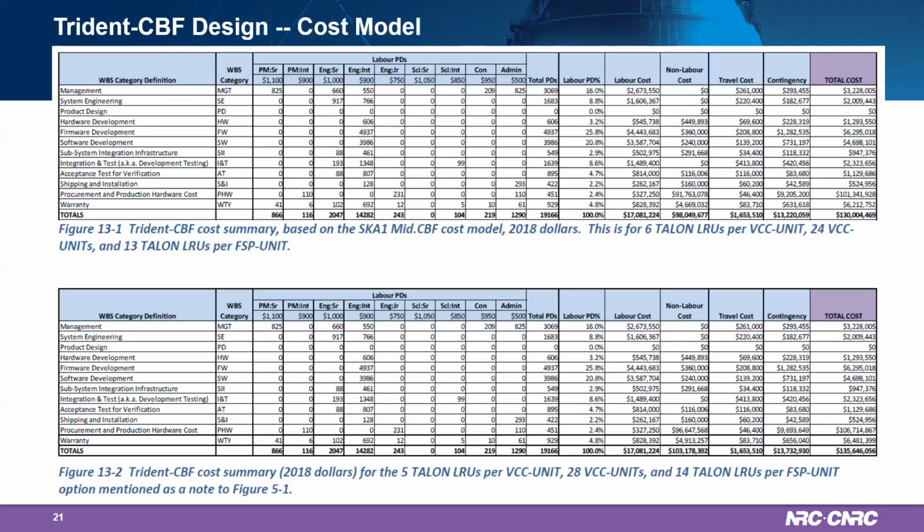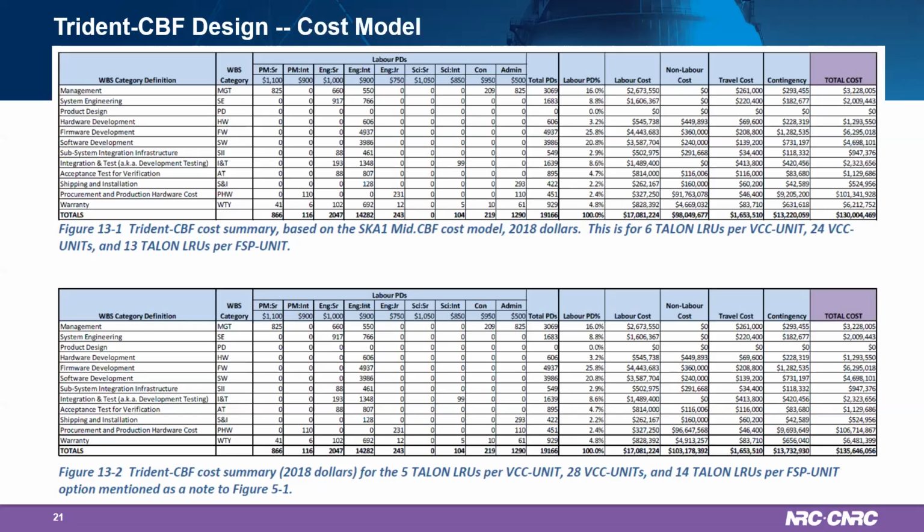The final thing I wanted to touch on was the cost model used. There was a lot of work put into the costing for the SKA1 Mid correlator, and because for the reference design we're using the same technology and very similar signal processing algorithms, it was easy to adapt that to various scenarios, and particularly different hardware configurations, sizes of VCCs and sizes of FSPs in terms of number of FPGAs.